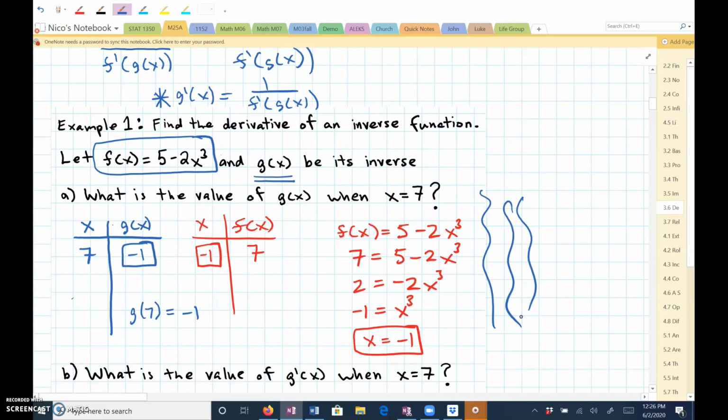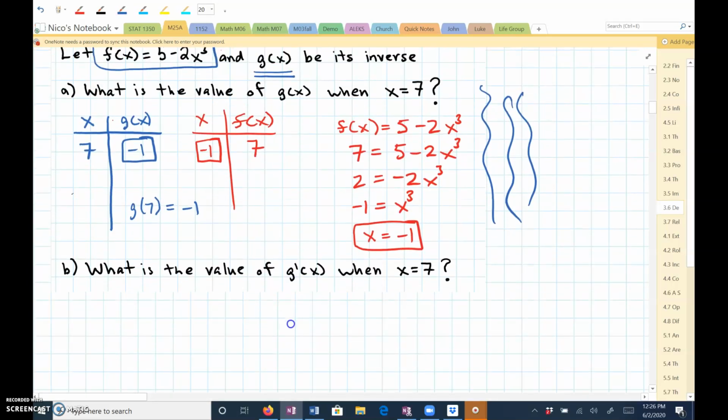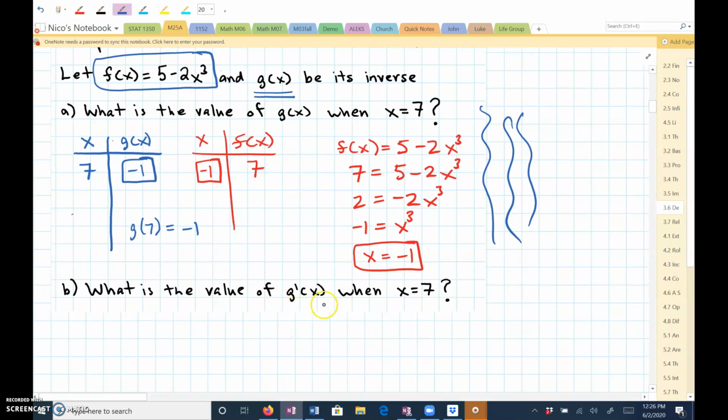Hopefully that makes sense. Now, what is the value of g prime of x when x is equal to 7? We know that this is an inverse function, so g prime of x is equal to 1 over f prime of g of x.